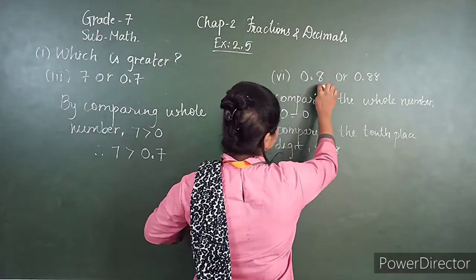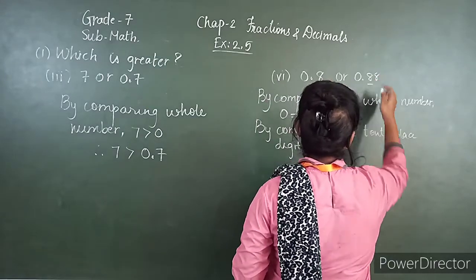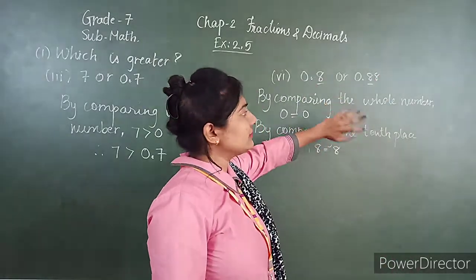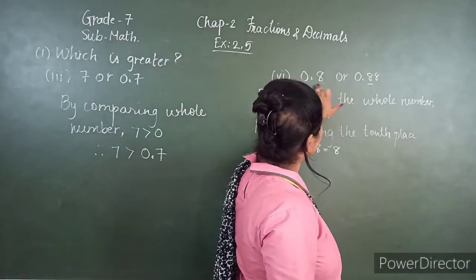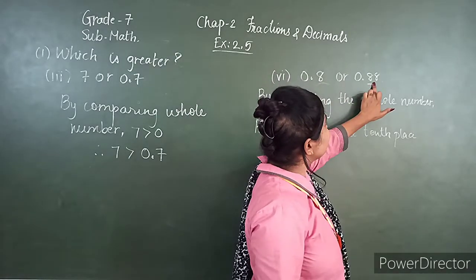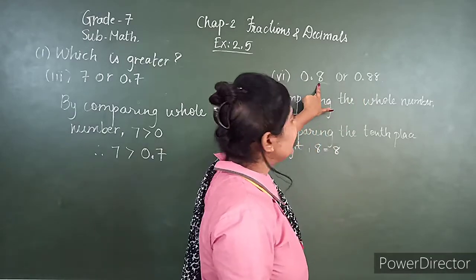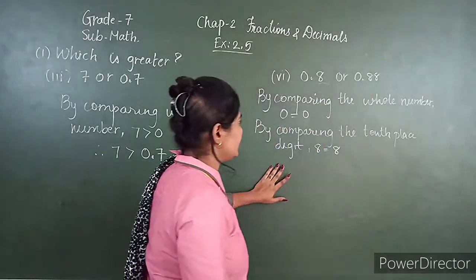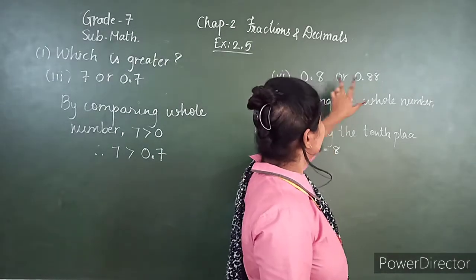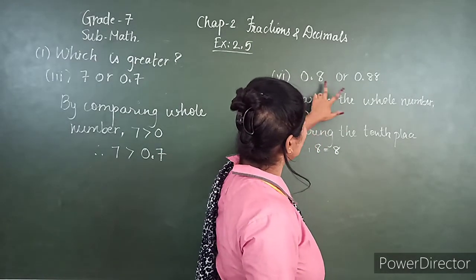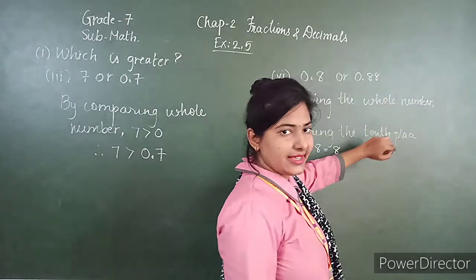After the point the digit given is 8 in both numbers, because in the 10th place in both the numbers the digit is the same.